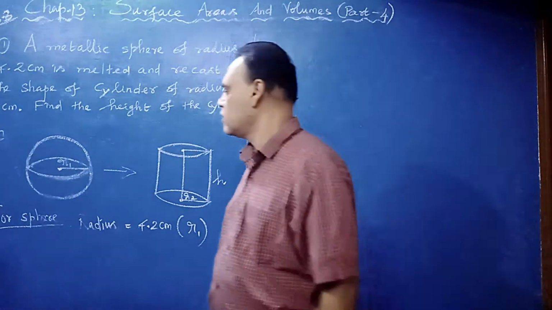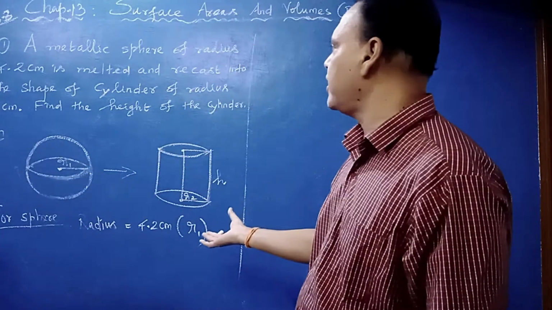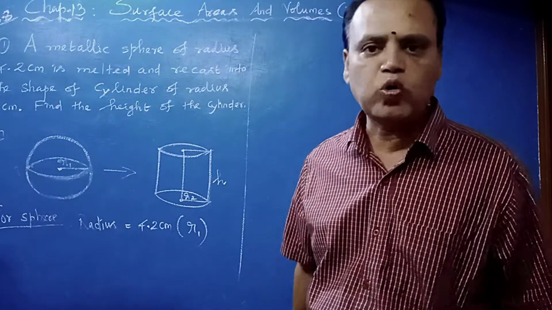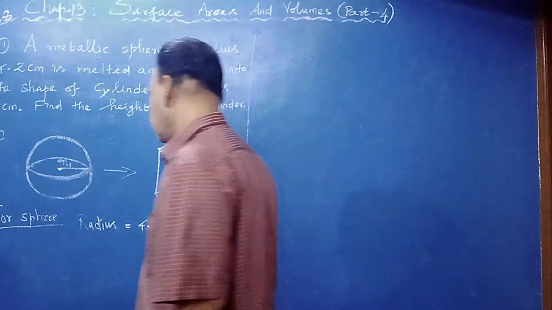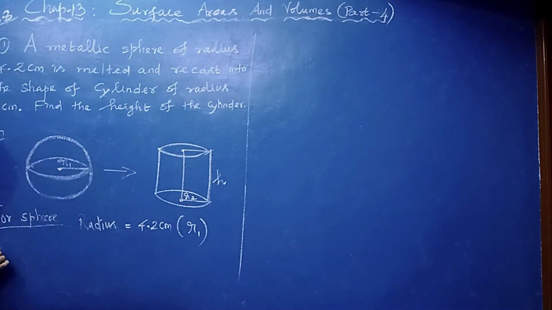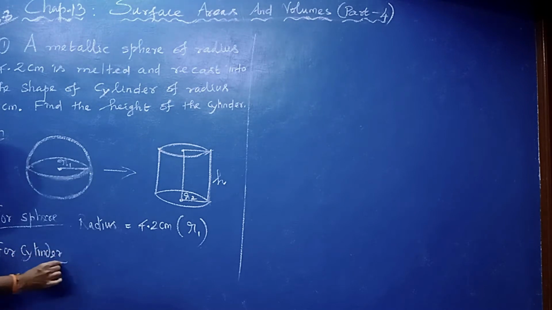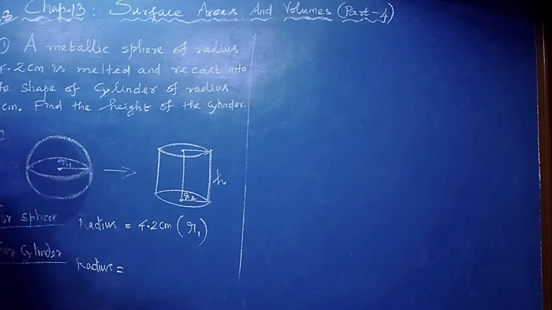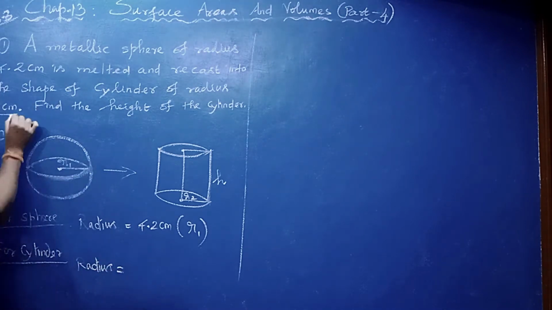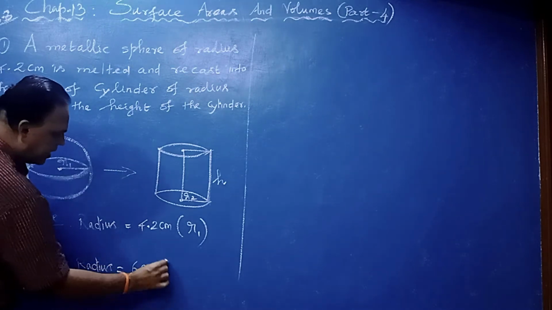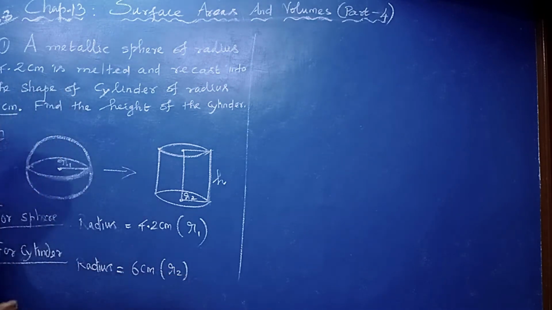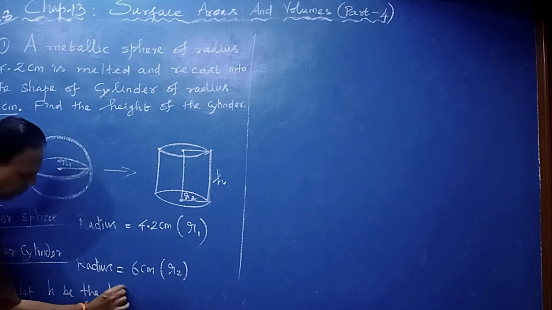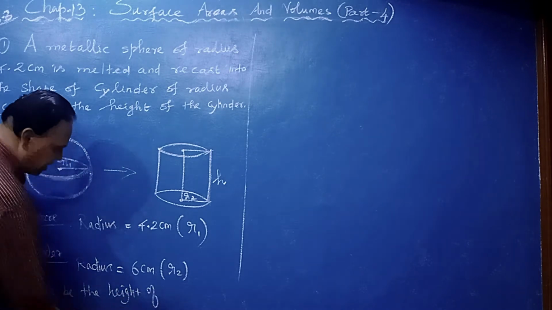So while melting and recasting, the volume will be the same. Both volumes will be the same. That is the concept. For the cylinder, the radius is given, 6 centimeter, take it as R2. Let H be the height of the cylinder.